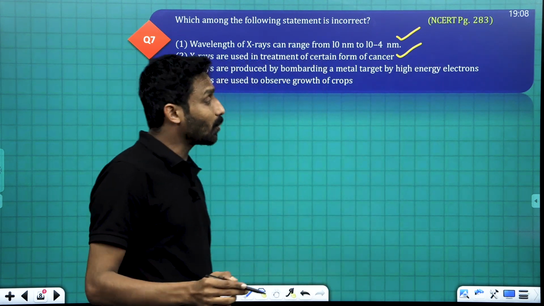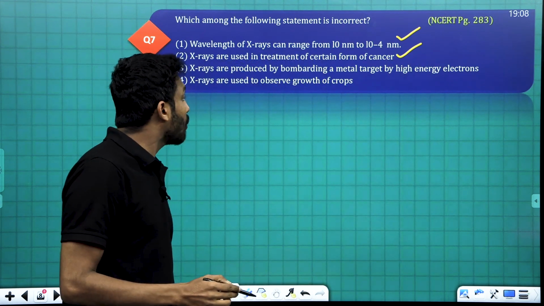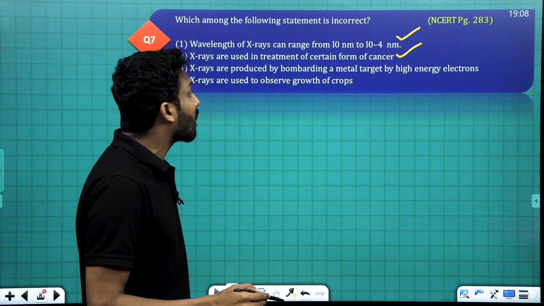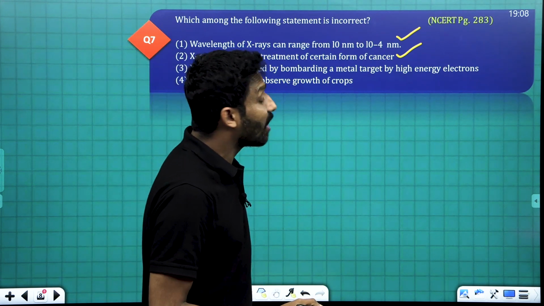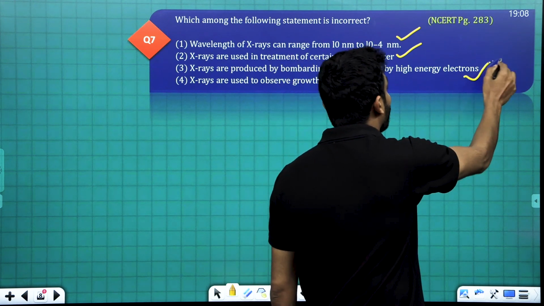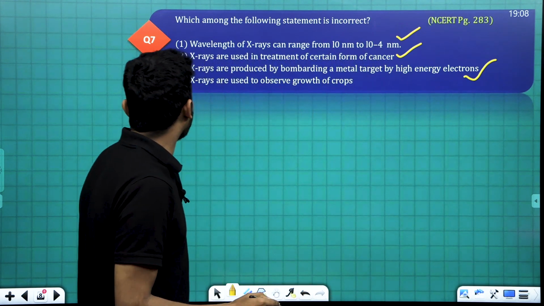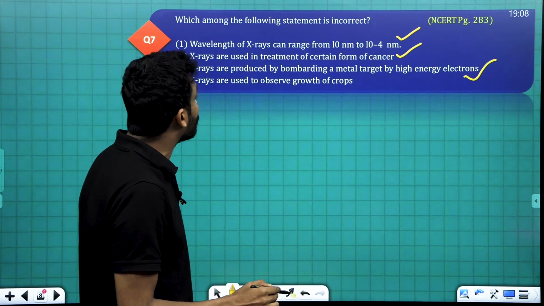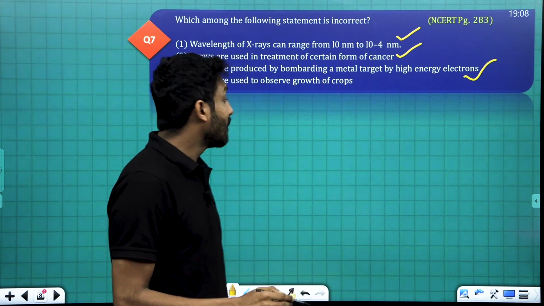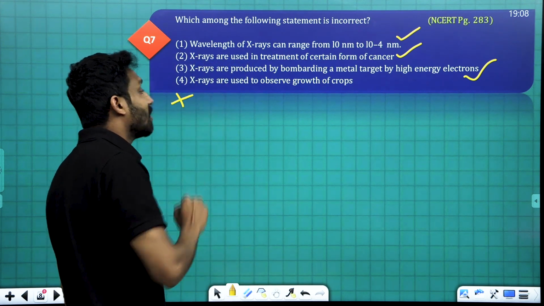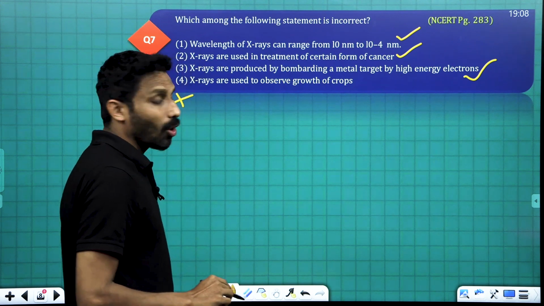That is also true. X-rays are produced by bombarding a metal target by high energy electrons. That is also true. And the fourth one, X-rays are used to observe growth of crops. This is incorrect. So the answer is option 4.